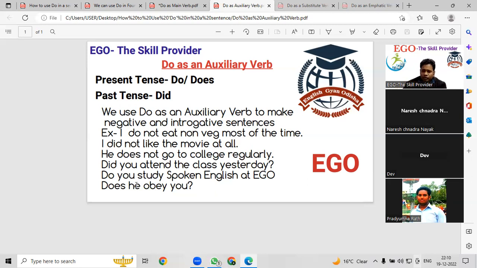I have taken some examples for your understanding. I don't eat non-veg most of the time. I did not like the movie at all. He does not go to school or college regularly. He doesn't go to college regularly. These are negative sentences. In exactly the same way, you can take some examples as far as questions are concerned: did you attend the class yesterday?